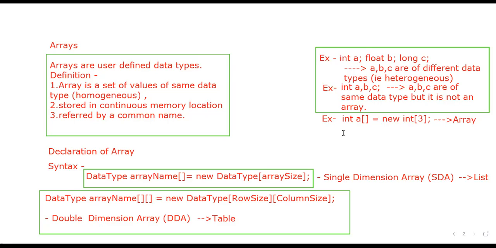How will I write a single dimension array? float marks[] = new float[50], if I want it for 50 students. So this is how I declare for single dimension. One example is given.